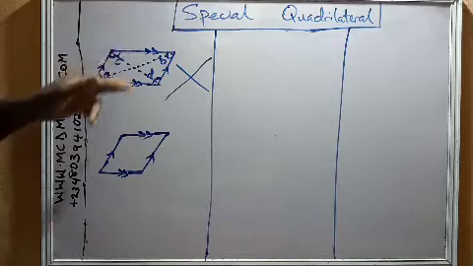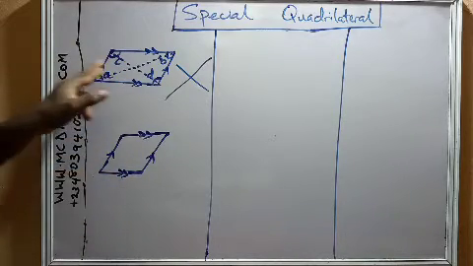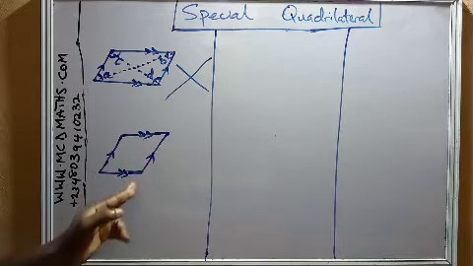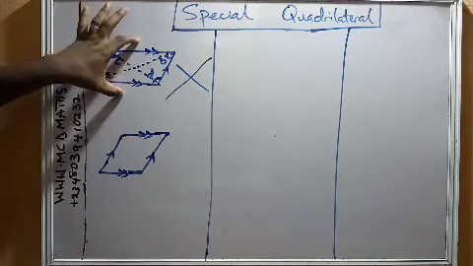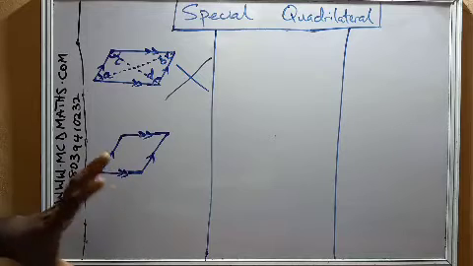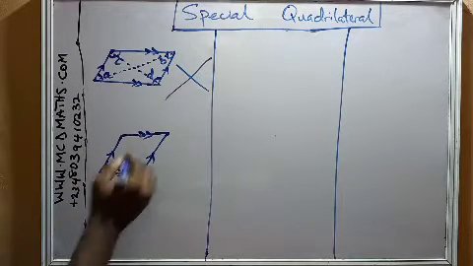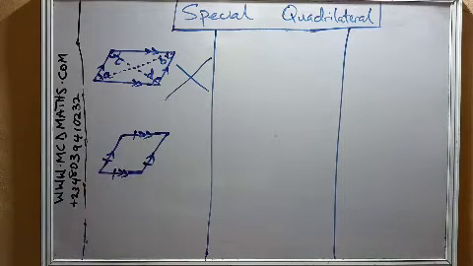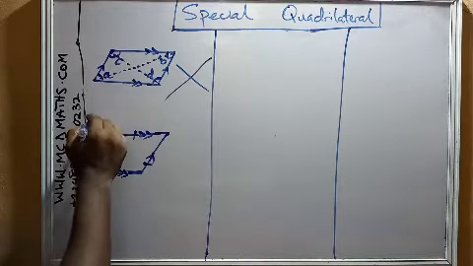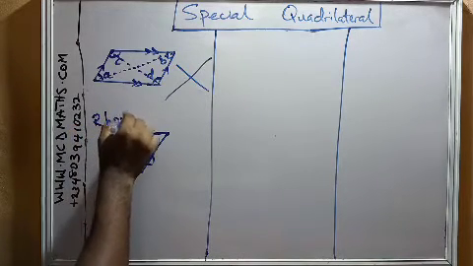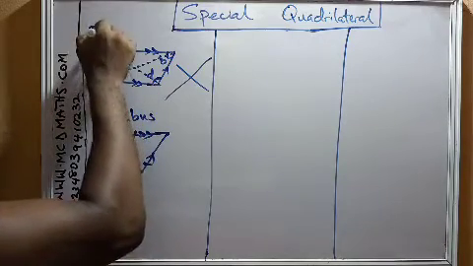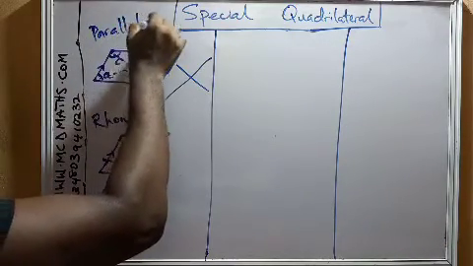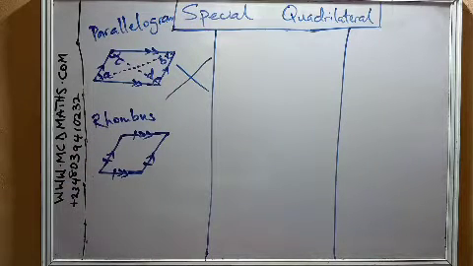But here, it is not about opposite sides just being equal. All sides are equal. So this is equal to this, equal to this, equal to this. All sides are equal in a rhombus. This is the spelling of a rhombus, and this is the spelling of a parallelogram.